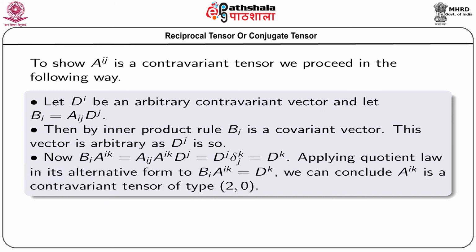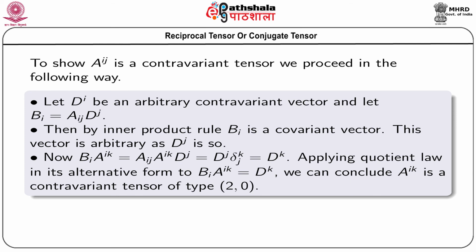Now, b_i A^ik can be written as A_ij A^ik d^j, because in place of b_i we write A_ij d^j, and from the previous slide A_ij A^ik is delta_j^k.